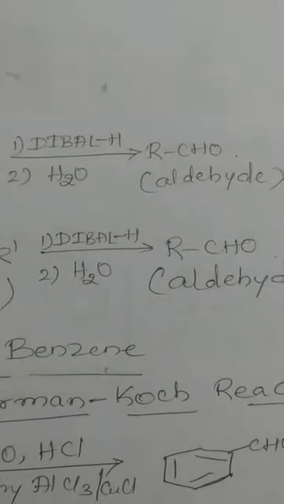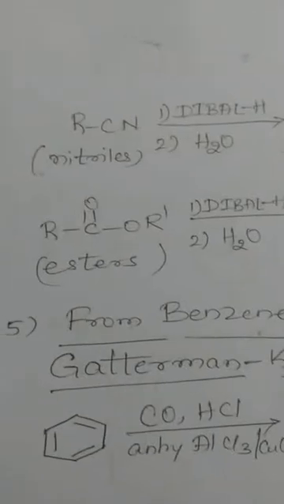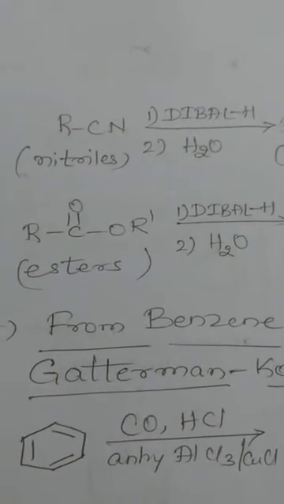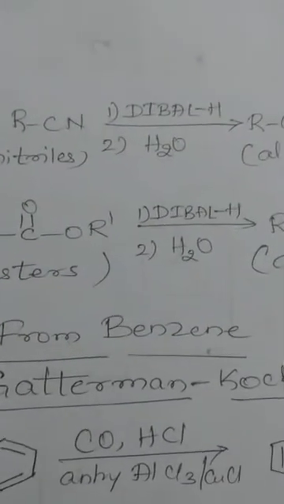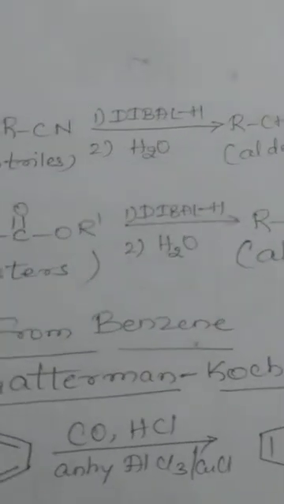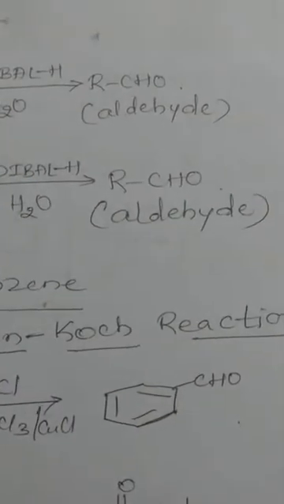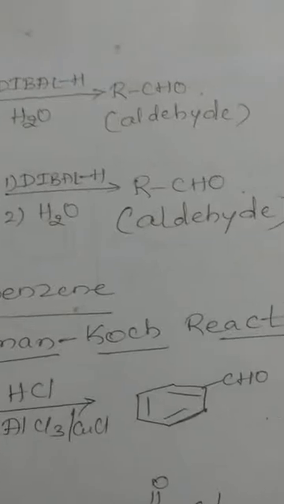Now this reduction can also be carried out using esters. The general formula of esters is RC double bond OR dash. Esters in the presence of diisobutyl aluminium hydride, DIBAL-H, followed by hydrolysis, the ester functional group is converted into the aldehyde group, RCHO. So these are the other reactions.